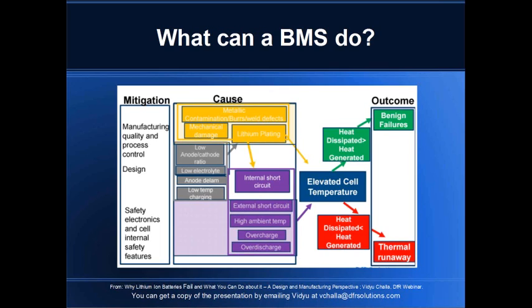But it can help with preventing overcharge and over discharge. It can help limit the operating temperature of the cell. It can enforce temperature limits. It can help with some external shorts, and it can also prevent low temperature charging as well. So those are some of the areas.